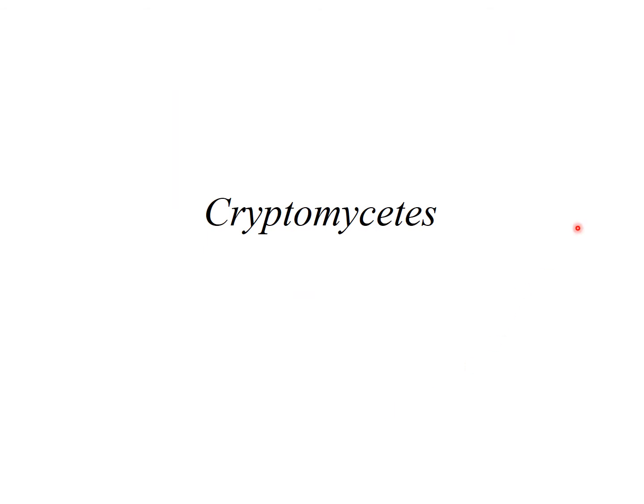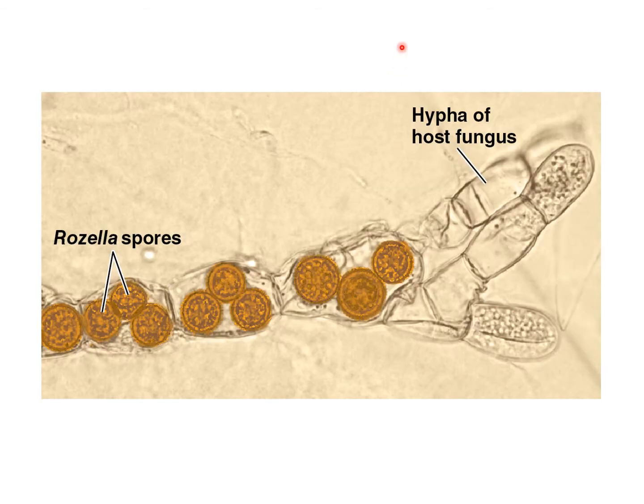The first of the basal groups that we'll talk about is the Cryptomycetes, which is the sister group to the Microsporidians. Cryptomycetes are a very large, diverse group. They're generally found in aquatic habitats, marine or freshwater, and sometimes in soils. Members of this group are usually parasites, and they parasitize protists and other fungi.